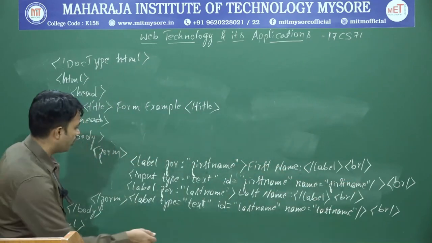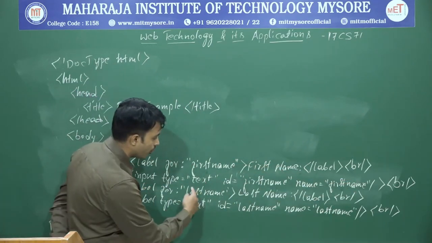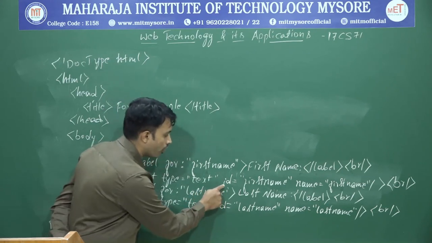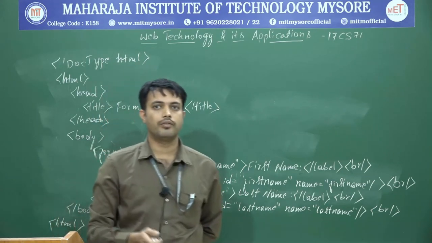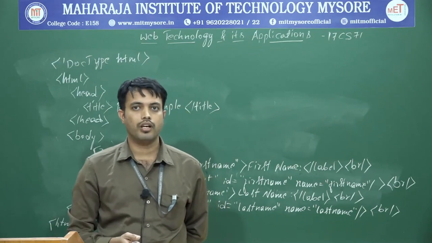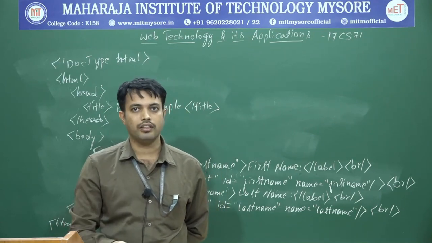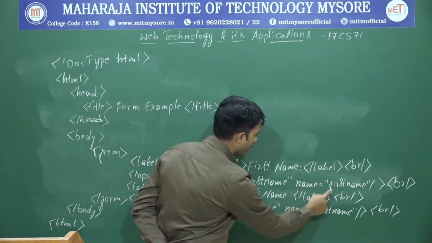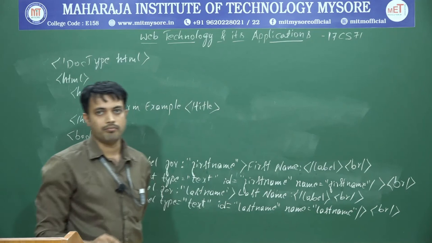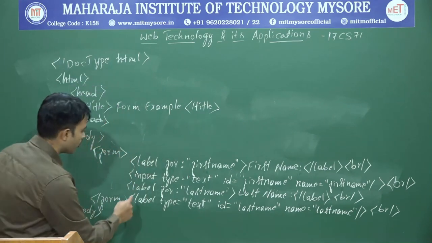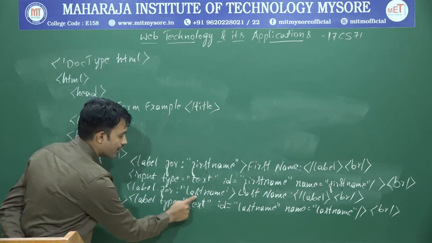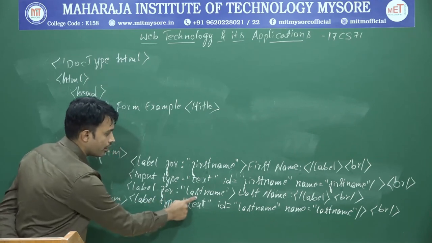Next, here I have one separate attribute called ID. So we can identify that control element either by name or ID. Here I am going to use both name and ID, both the same. Next, again a label for last name.